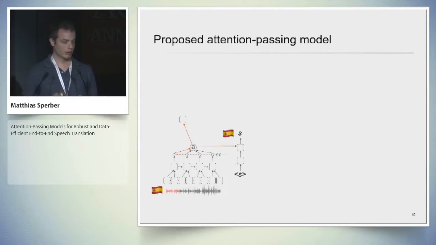So here we decode the source text, and for generating the first output of the source text, the attention models that this first red part of the audio is relevant. So this first red part is the part of the audio that's represented by this first source text output, and the context vector summarizes exactly that part of the audio.